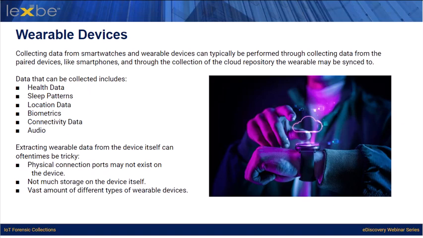Think about your own smartwatch or your health tracker or whatever wearable you have, and the immense amount of data that it collects daily on you. It collects by the minute. All that information is recoverable somehow, whether it's collecting directly from the device itself, from the paired device, or from the cloud.